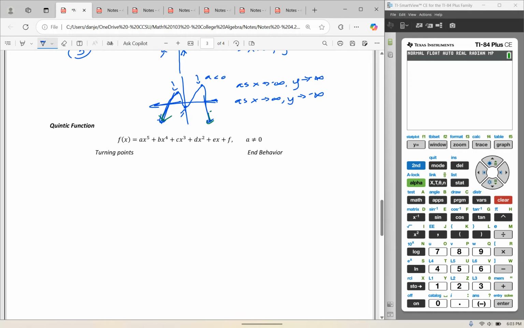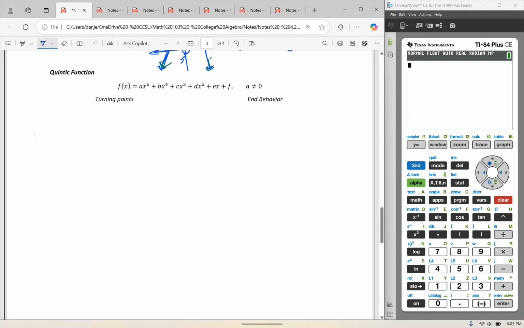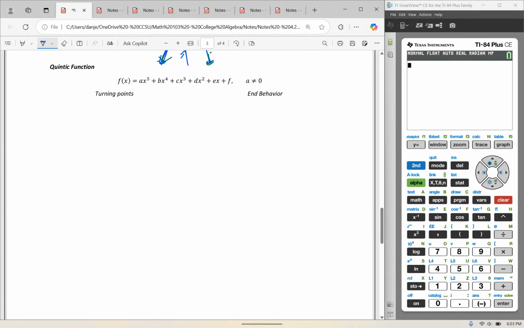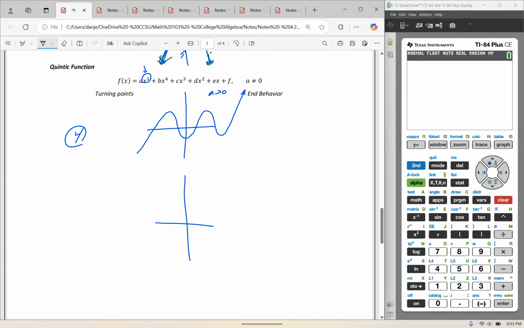So let's look at the quintic, okay, for a fifth degree polynomial function. Odd degree, I'm going to expect my end behavior to be in opposite directions. Also, since I have fifth degree, I'm just going to guess that there's going to be 4 turning points. If A is positive, 1, 2, 3, 4 turning points.